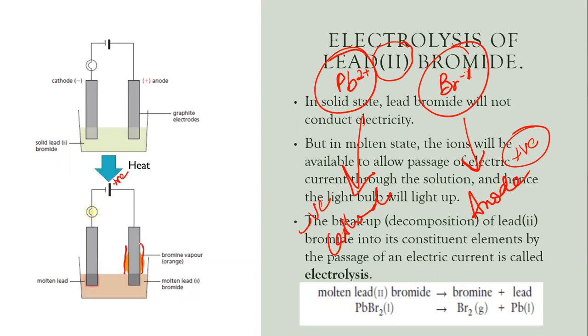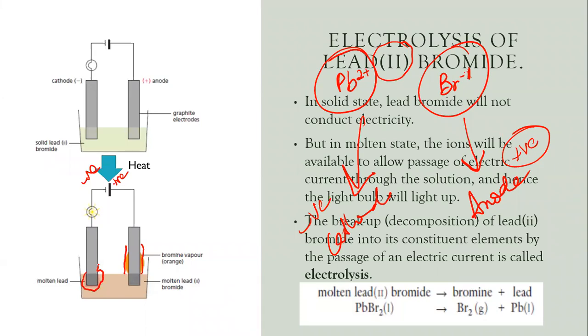You'll see brown colored vapors. As for the lead, it is going to go towards the cathode, that is the negative electrode, and you will see it collecting and gathering around the cathode. So this is what you are going to observe.